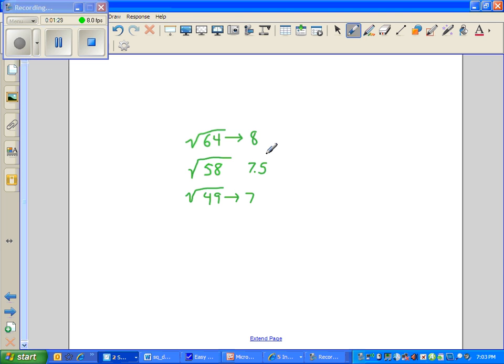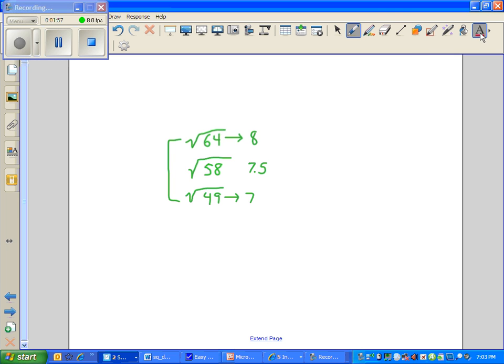To figure out if the side of 58 area is higher than 7.5 or lower than 7.5, we need to figure out where 58 falls between these two areas. So again, it's better to look at the halfway mark between 49 and 64.